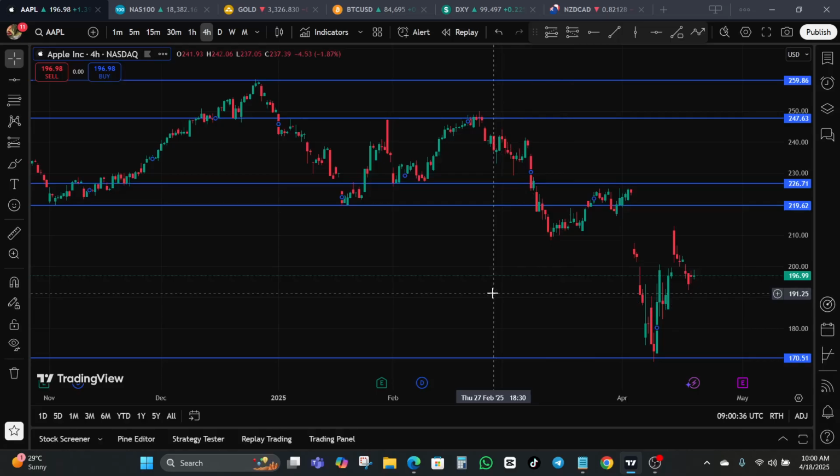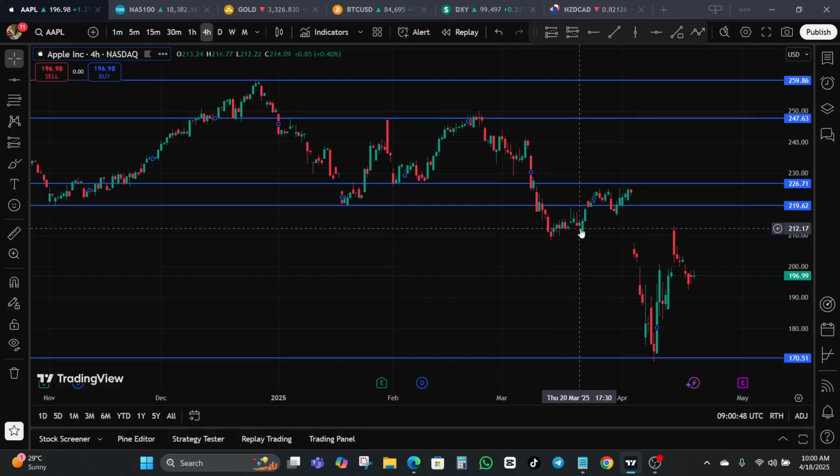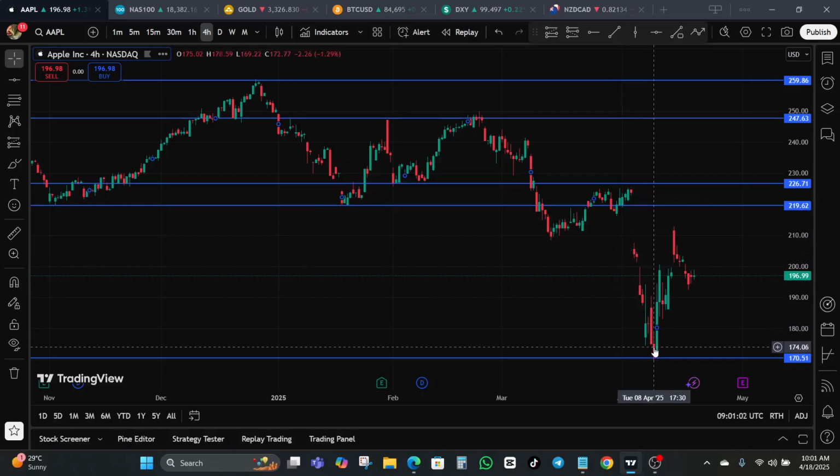You can see what happened here, right? We had a breakout from this key level to the downside. Now, one of the things that validates a breakout is a retest. In as much as we had the price climb back above the breakout zone, eventually it got rejected again around here, and another breakout happened, sending it down all the way to this support.